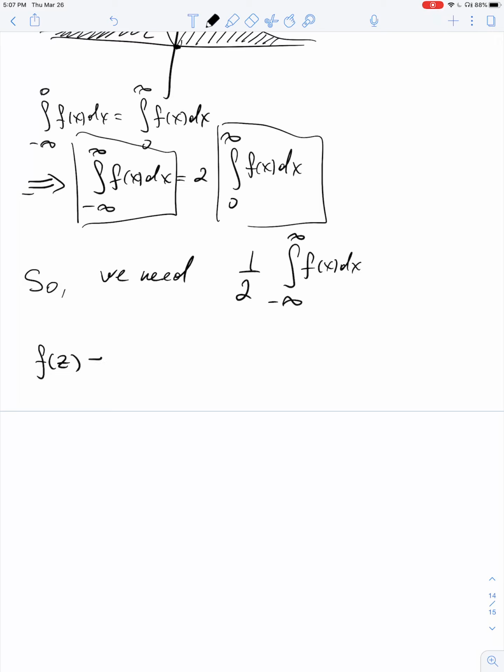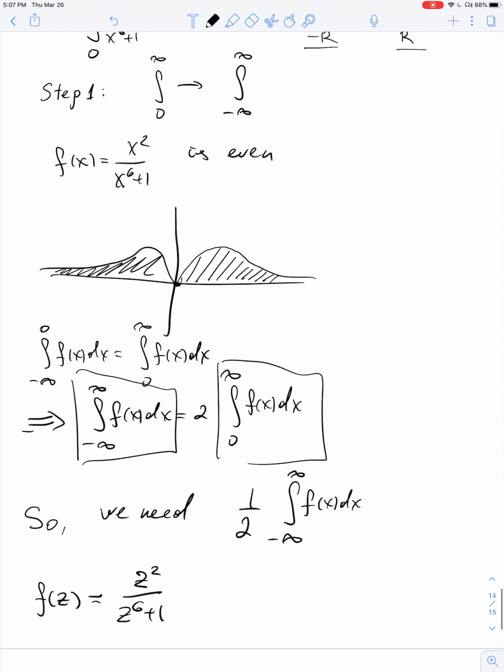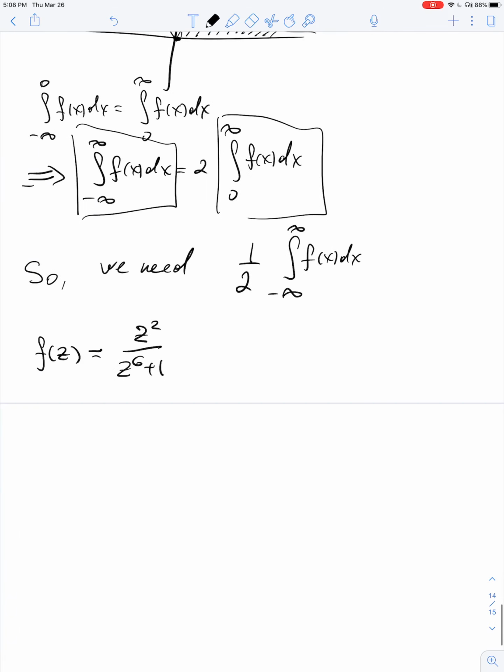We can realize that instead of x, we can just plug in any complex number, except that this function over here, f of x, is a really decent function because the denominator is never 0 for a real x. This function f of z is not so decent anymore because occasionally the denominator is equal to 0.